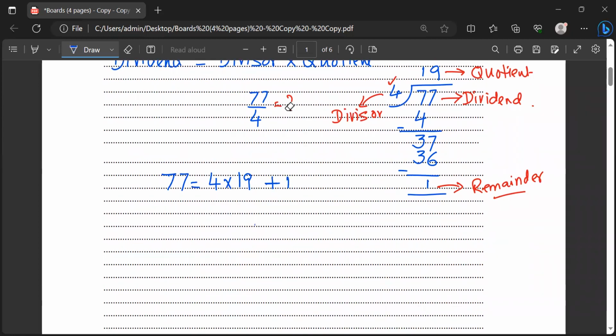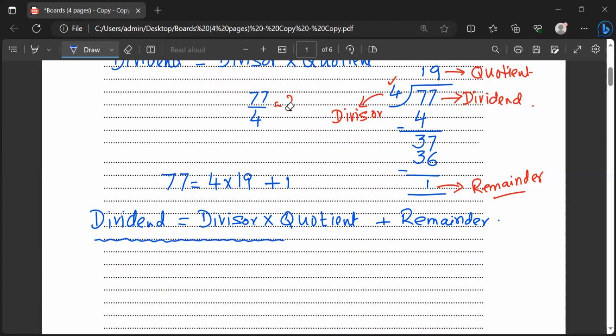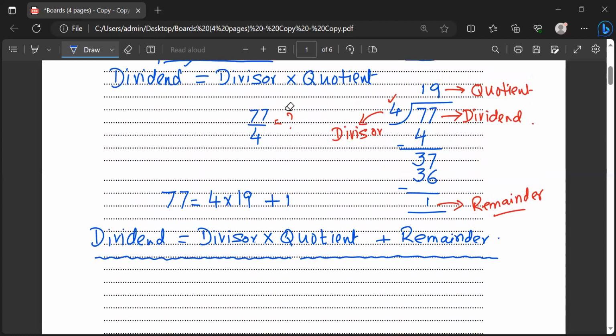So again, dividend, which is 77, 4 is the divisor, multiplied by 19 quotient, plus remainder. So we have an important formula that dividend is always equal to divisor multiplied by quotient plus remainder, and if remainder is not there, just write divisor multiplied by quotient.